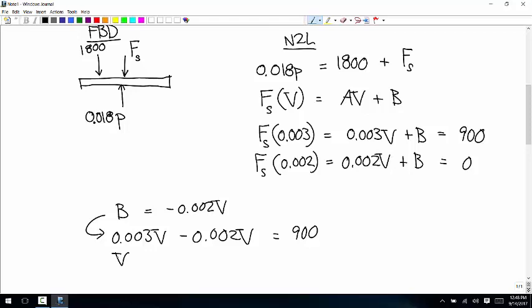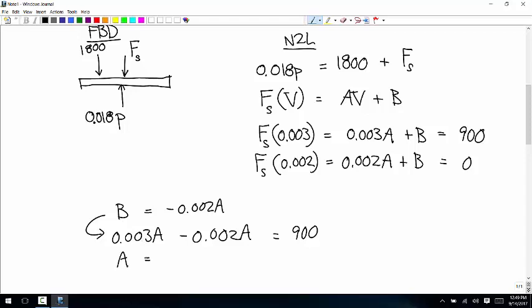Wait, I'm not trying to solve for V. That should be A. So these are A's. So 900, 9,900.